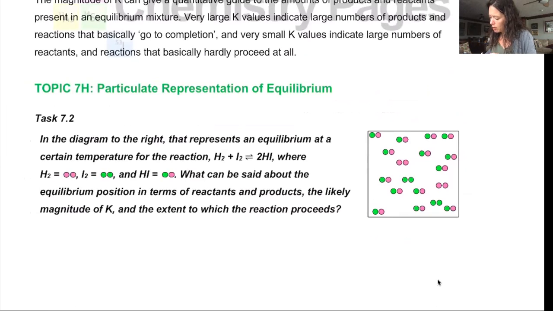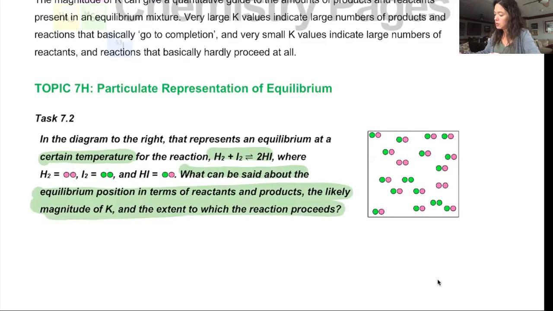In the diagram to the right that represents an equilibrium at a certain temperature for the reaction, where pink is H, green is I, and pink and green is HI, what can be said about the equilibrium position in terms of reactants and products, the likely magnitude of K, and the extent to which the reaction proceeds?